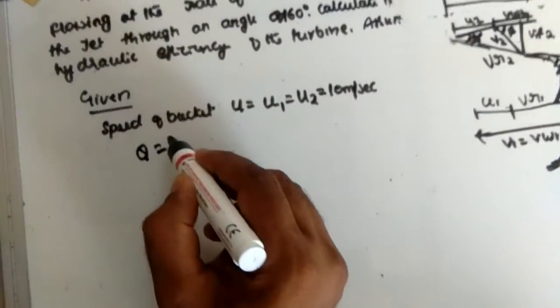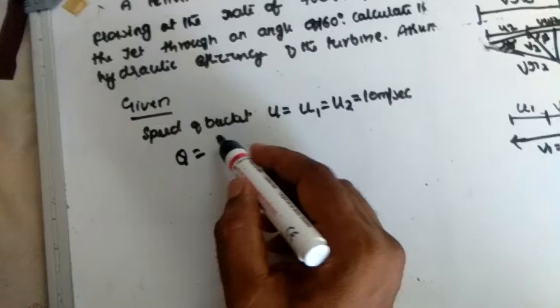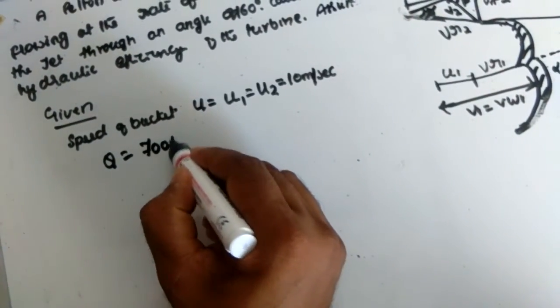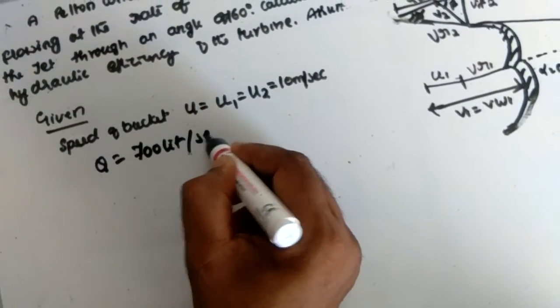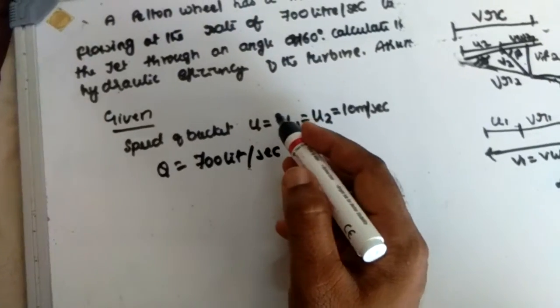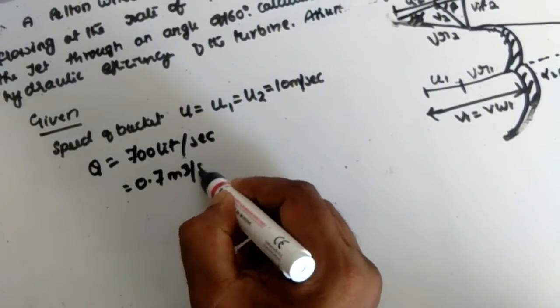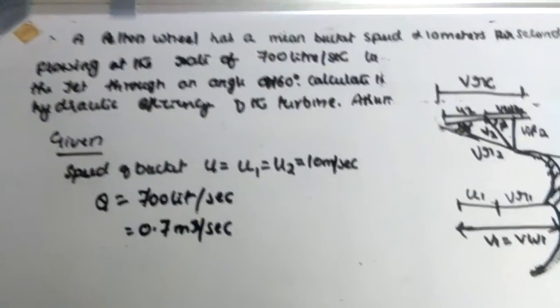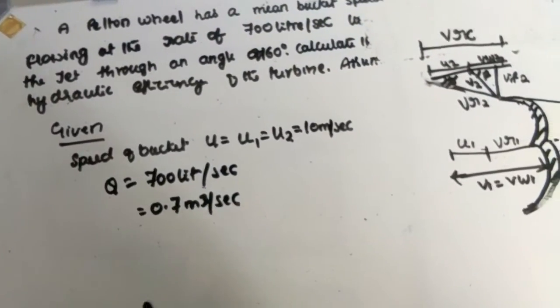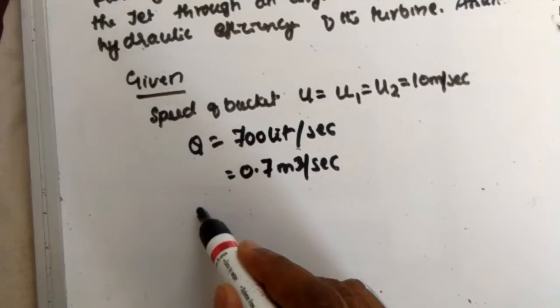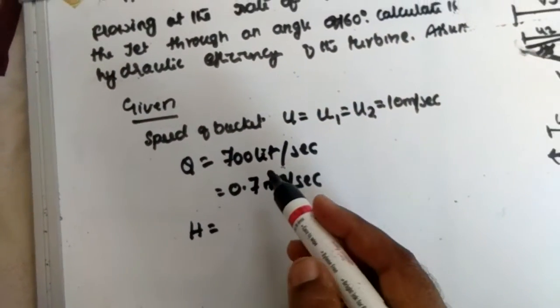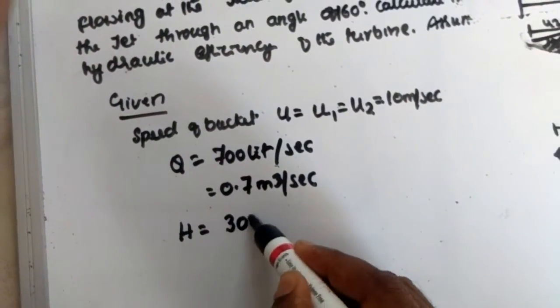Next, what they have given: the discharge value, how much? 7 liter per second. So we can write it as 0.007 meter cube per second. First we need to write what they have given. And the head of water, the storage head of water, is 30 meter.